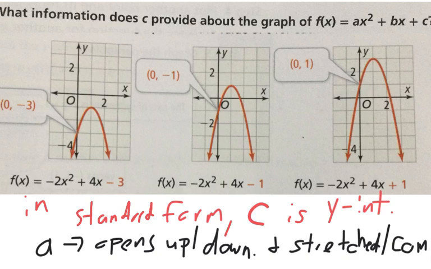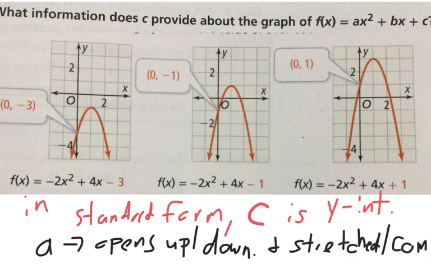So think about this. What happens if I plug in an x value of 0? Because I can do that. I can choose any x I want to. If I plug in 0 for x, what happens to these two terms? The negative 2 times 0 squared is 0. 4 times 0 is 0. So you see, when you plug in 0 for x, that's how you find a y-intercept. Plug in 0 for x, what's left?